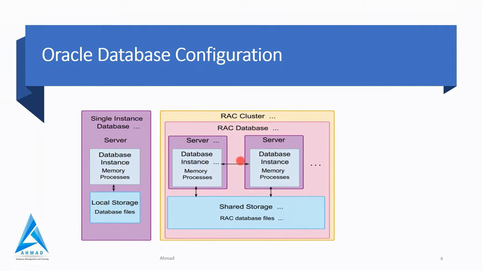If you see this arrow, they are interconnected. So this is called the private network, and this is the storage network, and from outside any client is connecting, so that is the public network. So that's the way your RAC will work. Okay.